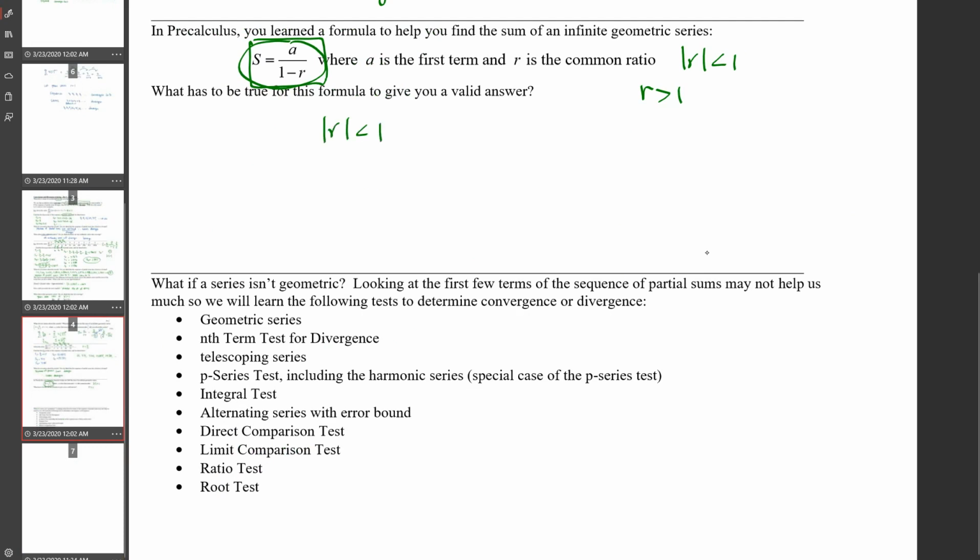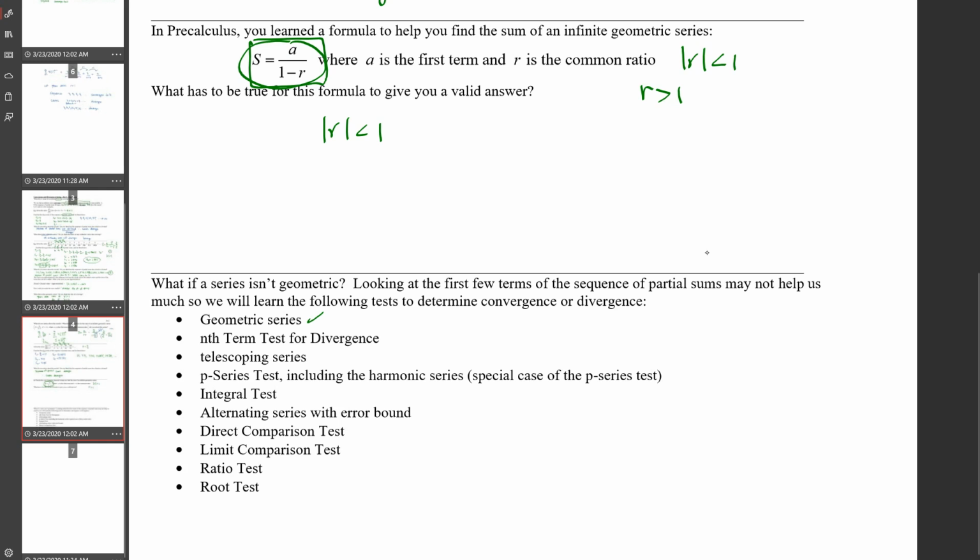Let's look at this. What if a series isn't geometric? Today we looked at geometric series and arithmetic series, but looking at the first few terms of the sequence of partial sums may not help us in other cases. So in subsequent lessons, besides geometric series, we'll figure out if series converge or diverge.